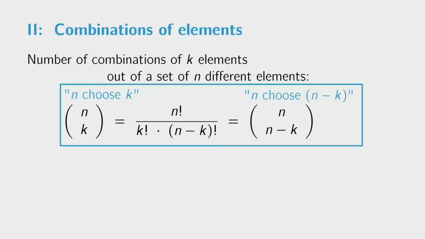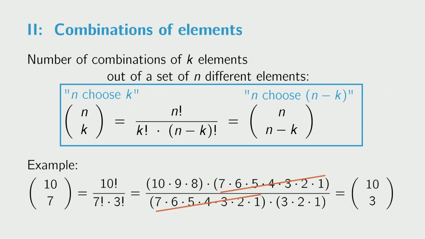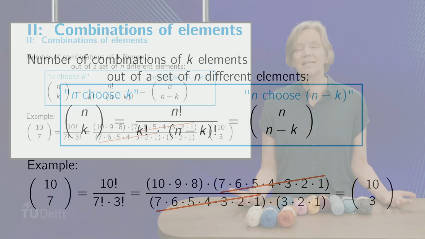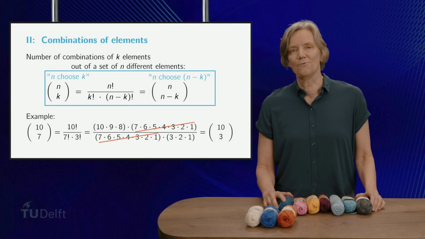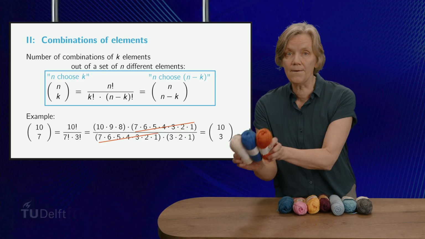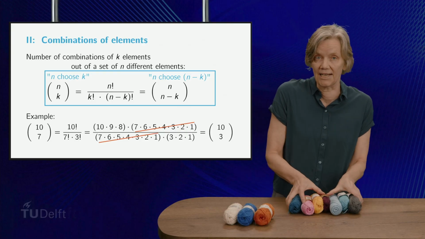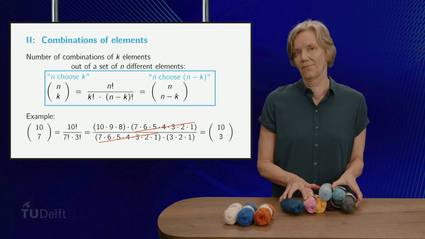So, for example, 10 choose 7 is equal to 10 choose 3. So we can also make 120 combinations of 7 colors from the same set of 10. Is that surprising? No, for each combination of 3, there's exactly 1 combination of 7 left.